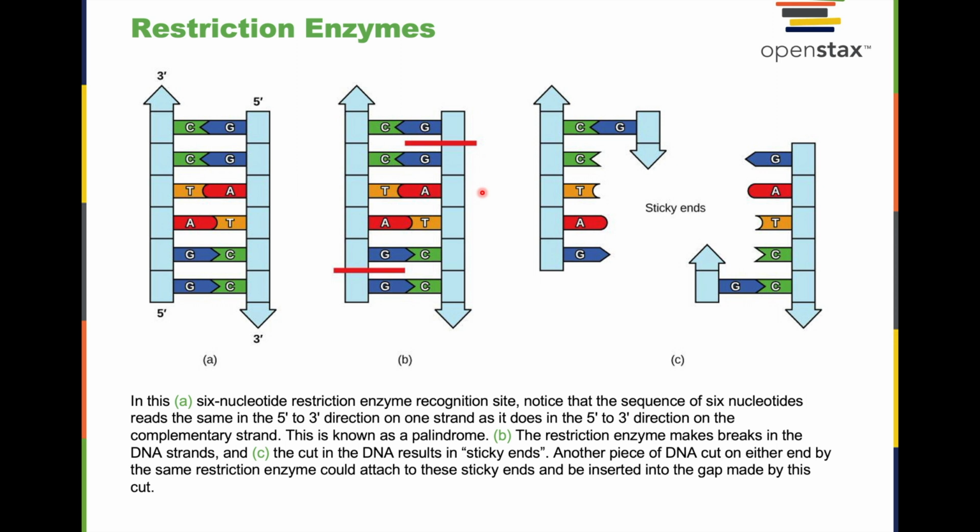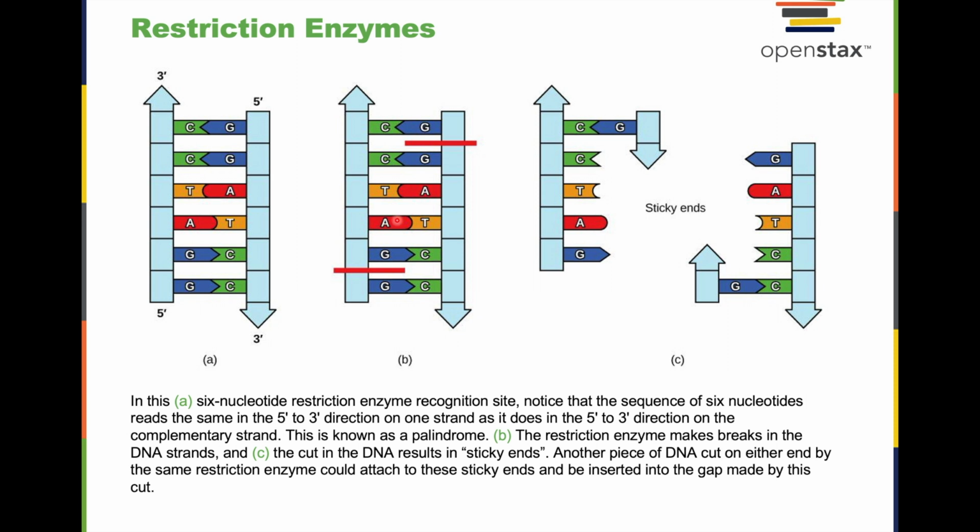Many, but not all, restriction enzymes cut the backbone of the DNA at uneven places, such that after they have cut it, an overhang appears at the ends of the cut DNA, which we call sticky ends. Why are they sticky? Because these bases have no partners.